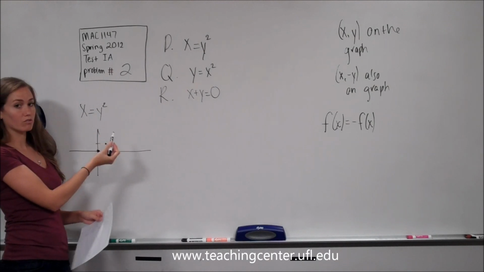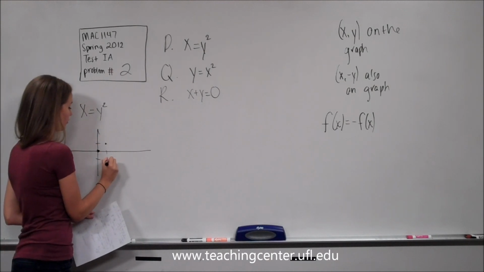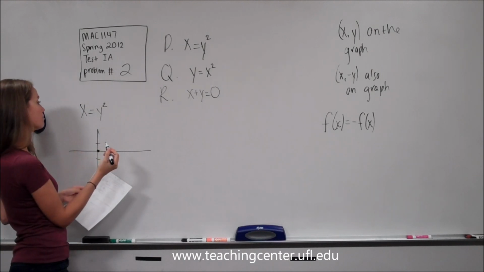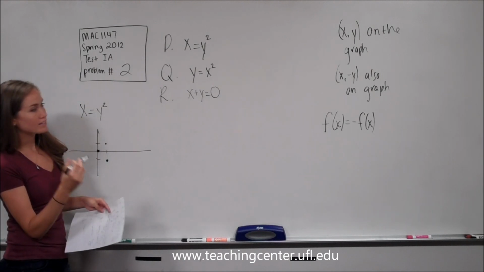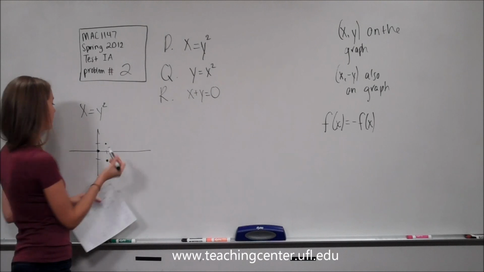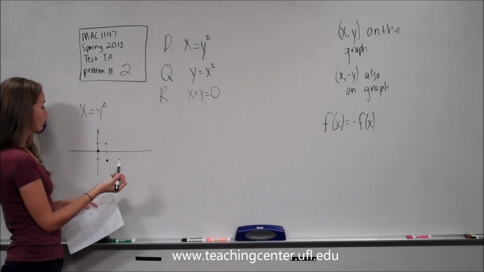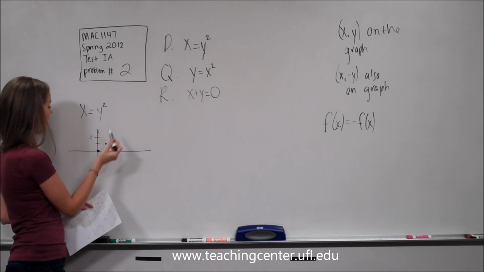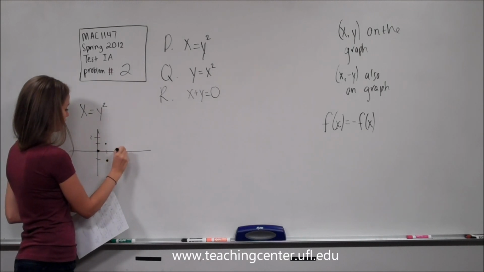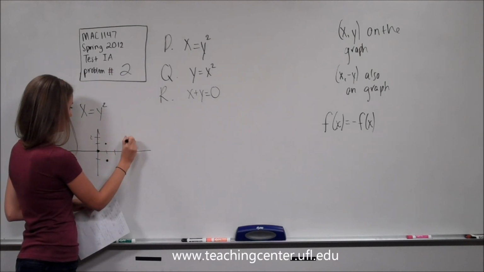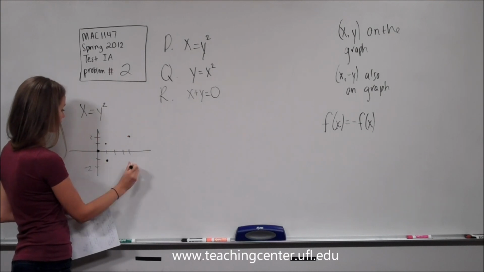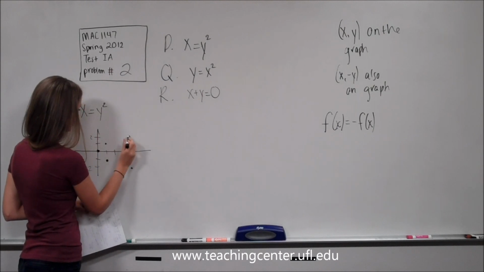If y equals negative 1, x equals 1 as well. This looks like it's probably going to be symmetric to the x-axis, but we can do one more point. If y equals 2, then x equals 4, and if y equals negative 2, we also get x equals 4.